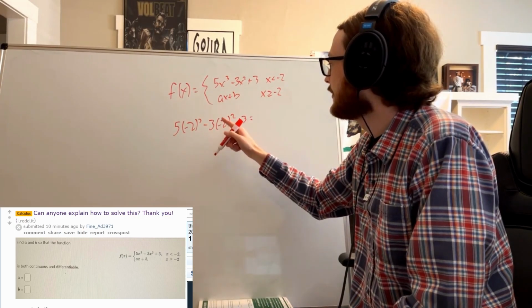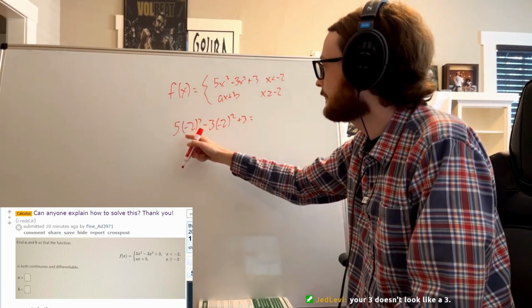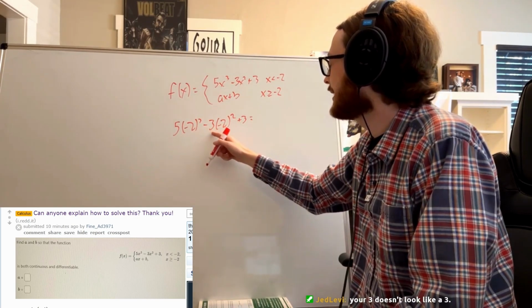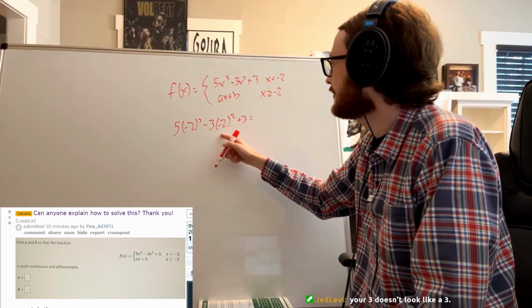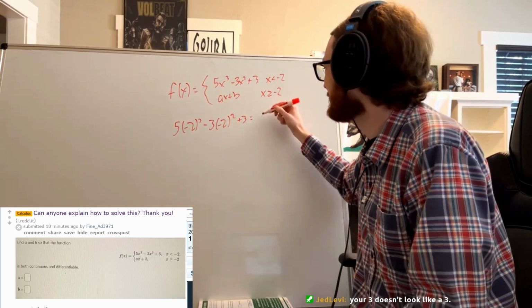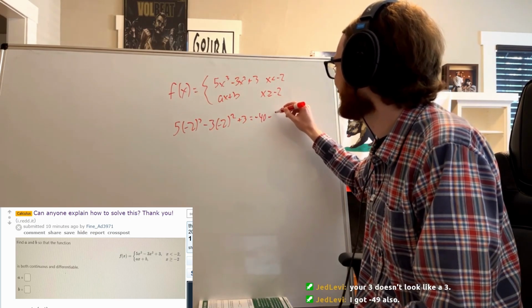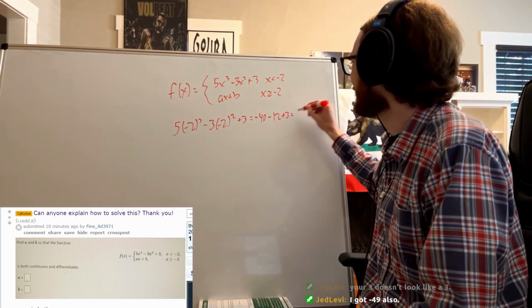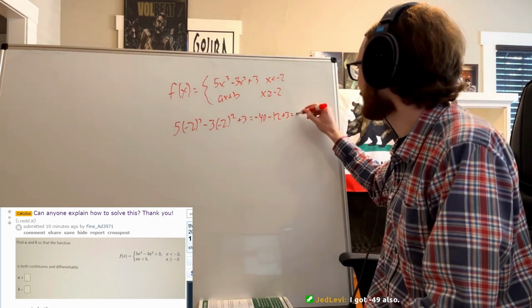Minus 4 times 3 is 12. Wait, -40 minus 12 is 28? No, oh my God. I'm not doing mental math. -40 minus 12 plus 3. There we go. I was messing that up horribly. -52 plus 3 is -49.